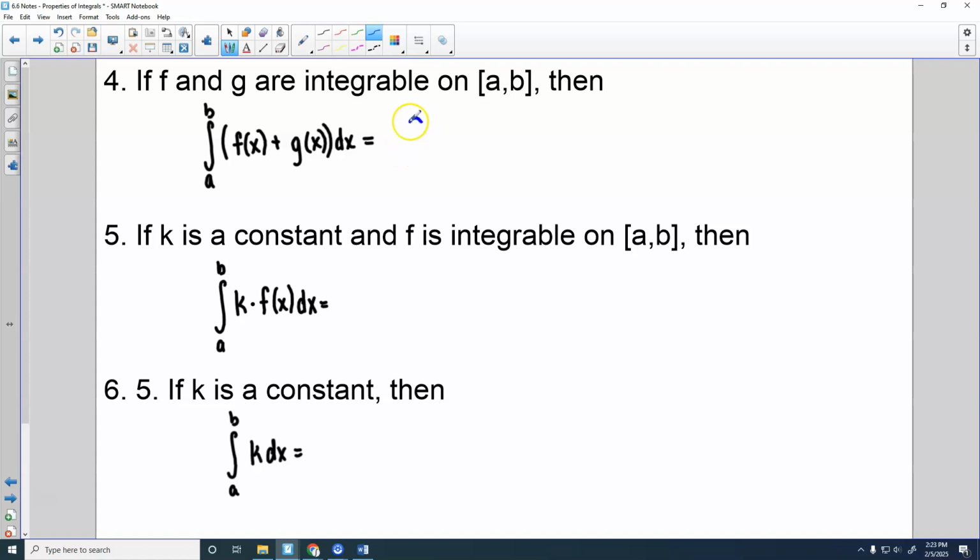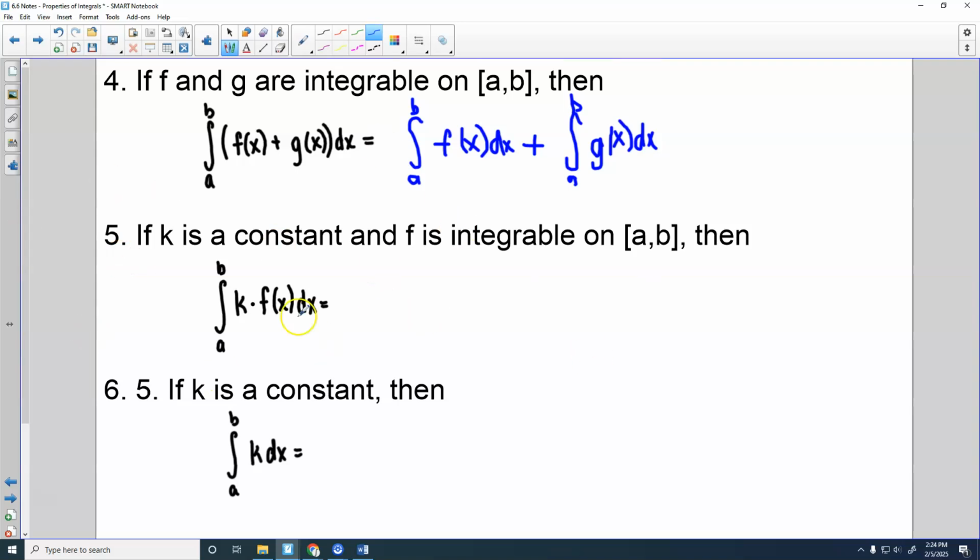So that's going to be the integral from a to b of f of x dx plus the integral from a to b of g of x. That's a property that we've used on a lot of different things that applies to integrals as well.